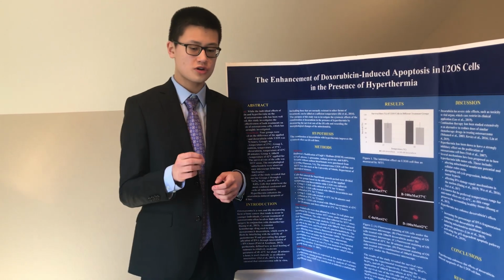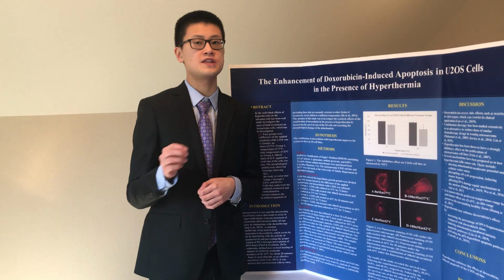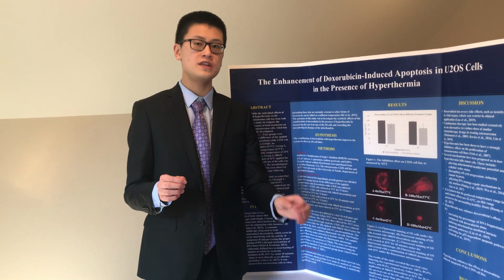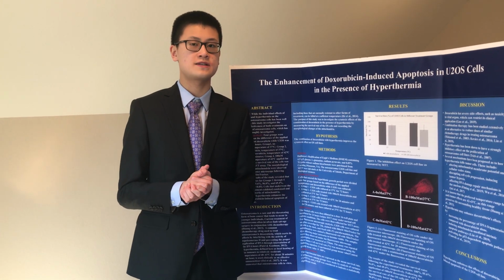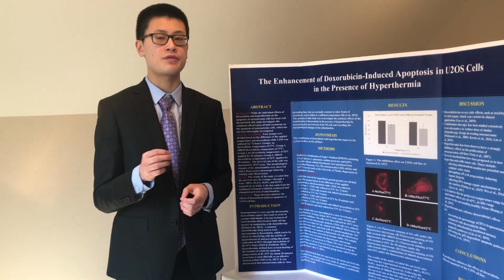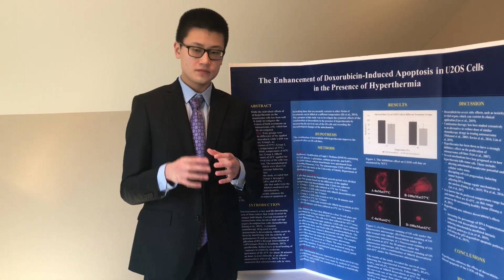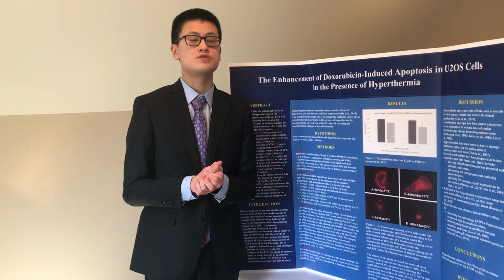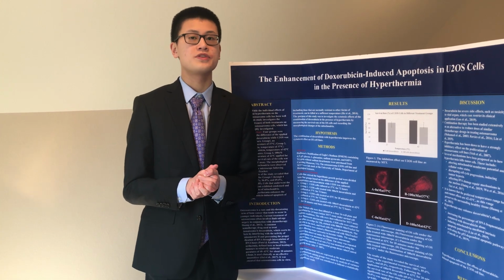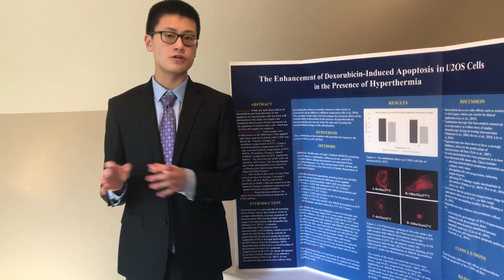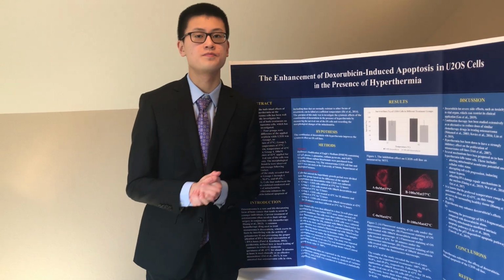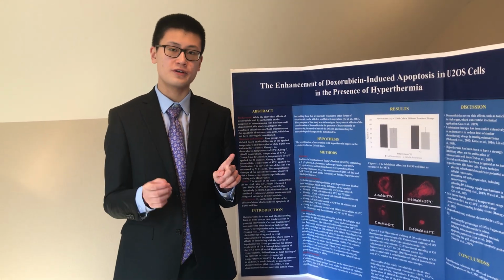Now, 100 nanomolar of doxorubicin was used for the doxorubicin group, and 42 degrees Celsius for 20 minutes was the hyperthermia group. Now, there was also the first group, which was the normal thermic control group. Now, the results of the other 3 groups were compared to the first group. The first group was, again, the normal thermic control group.